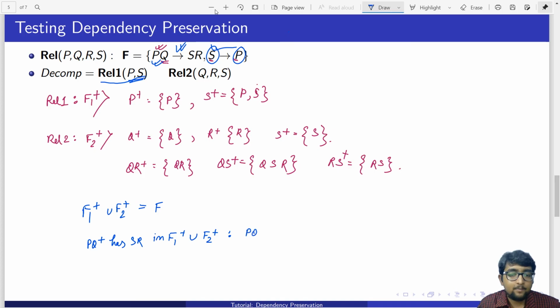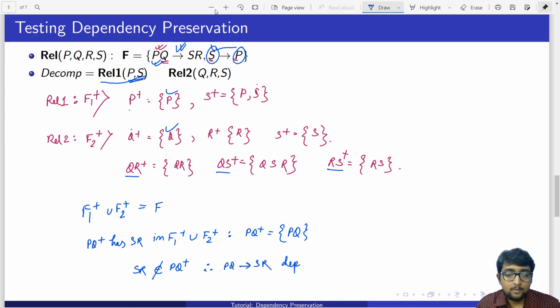So what we will get as PQ plus? You can see that using P and Q we cannot actually get any other attribute, so we could not get the S and R attributes using PQ plus by combining the functional dependencies. Therefore, since SR is not an element of the PQ plus attribute closure set, the PQ determines SR dependency is lost.